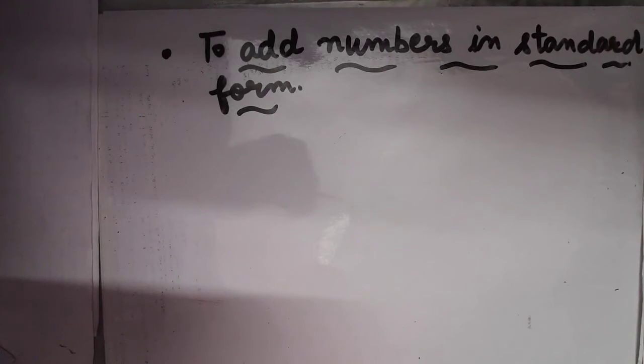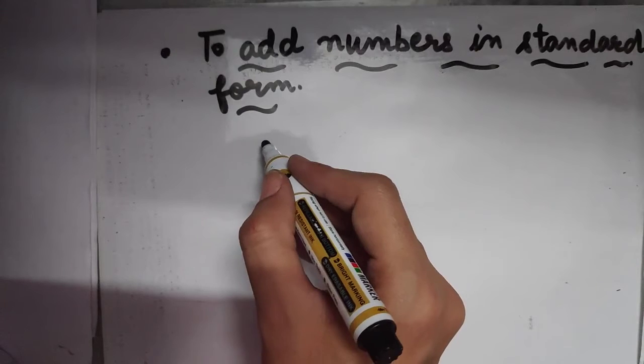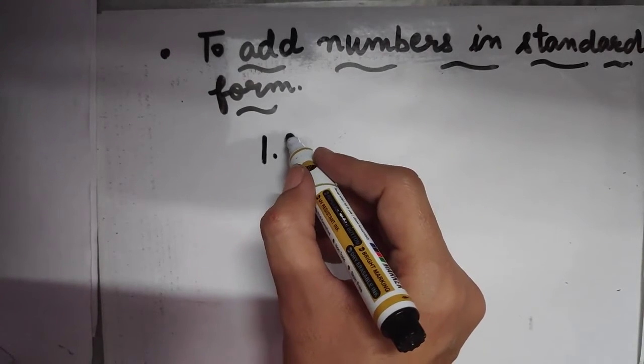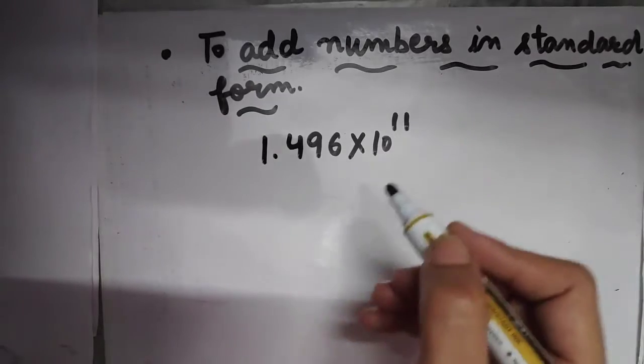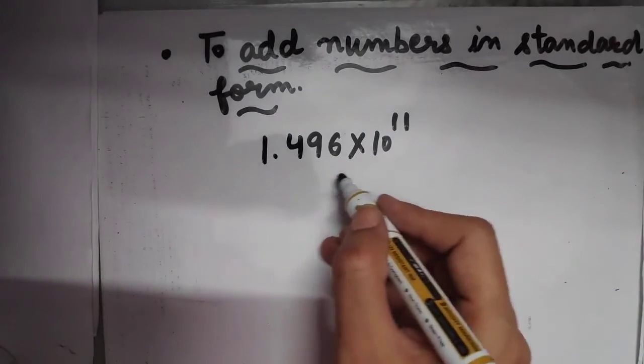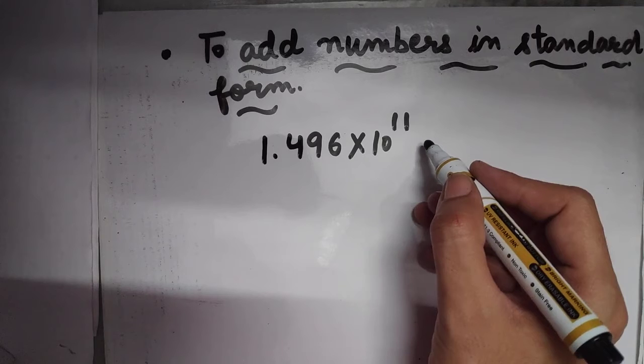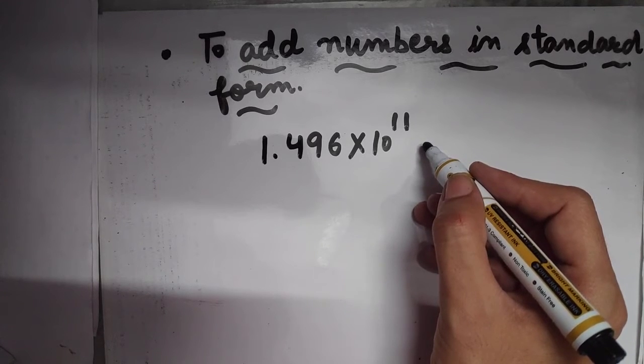Now let us talk about addition of numbers in standard form. Suppose I am taking these two numbers: 1 decimal 496 into 10 raised to the power 11. Actually, this is the distance between sun and earth.